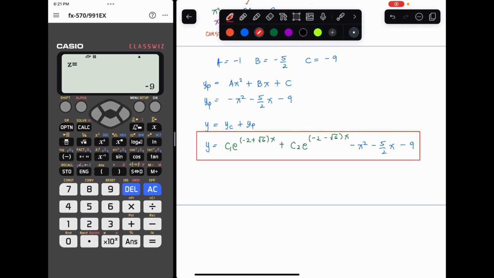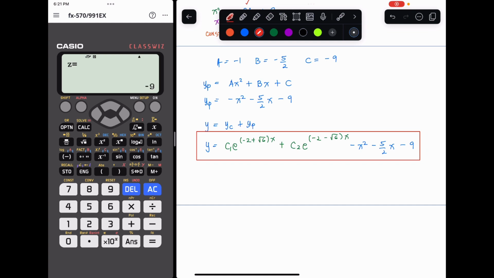So our general solution is c1 e raised to negative 2 plus square root of 6 x, plus c2 e raised to negative 2 minus square root of 6 x, and then minus x squared minus 5 over 2 x minus 9.